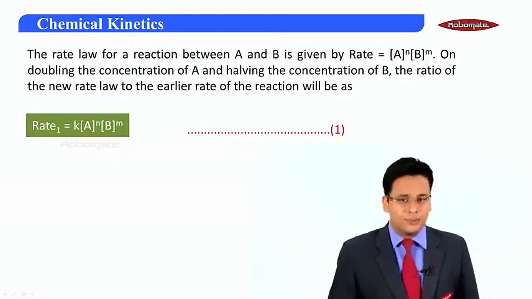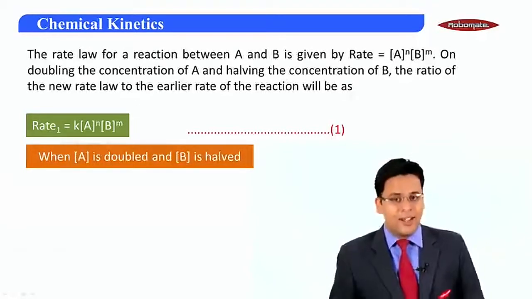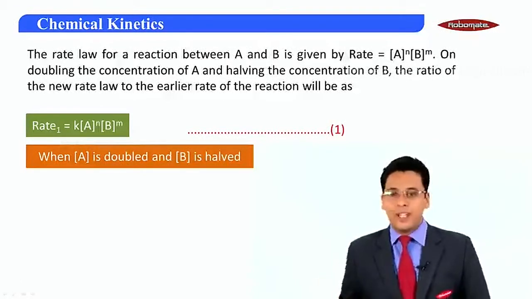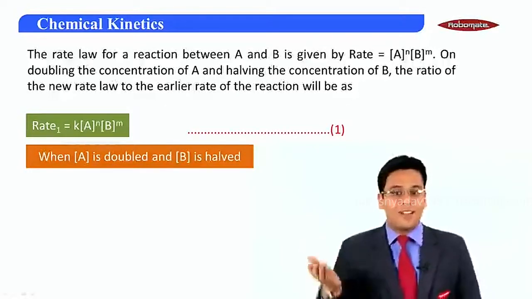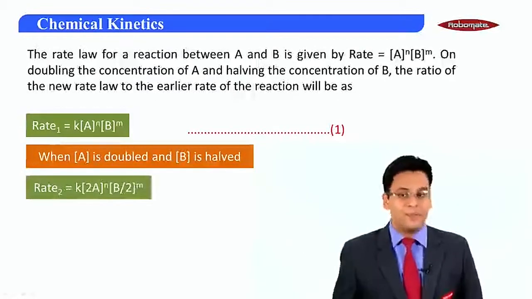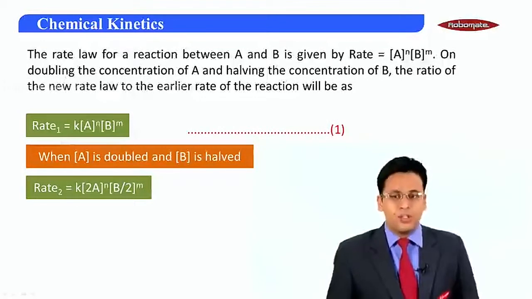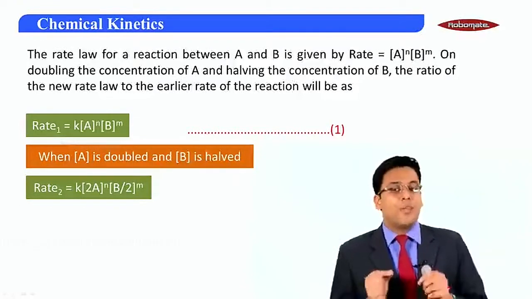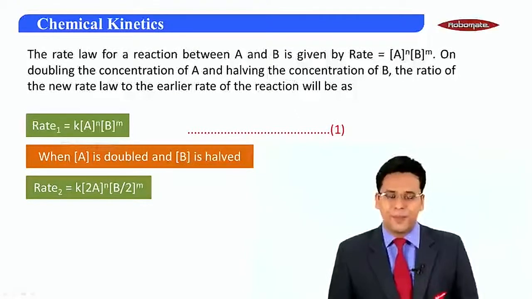Now here, when the concentration of A gets doubled and concentration of B gets halved, we can change the concentration terms in the first equation and rewrite it as rate 2 is equal to k into [2A]^n into [B/2]^m.